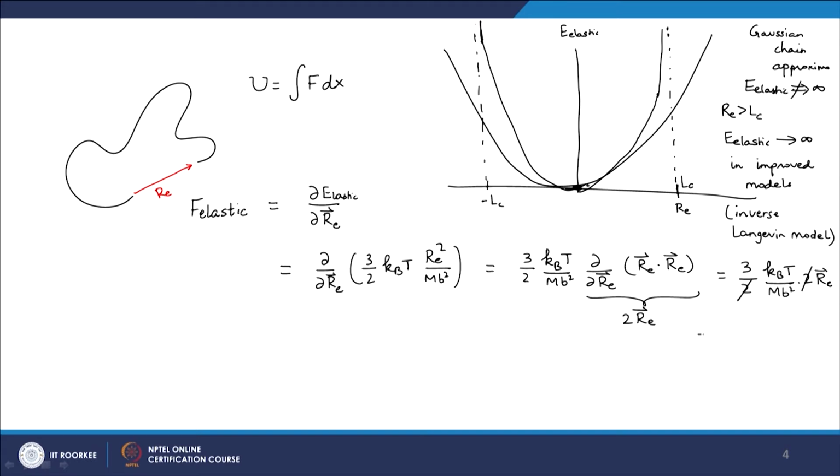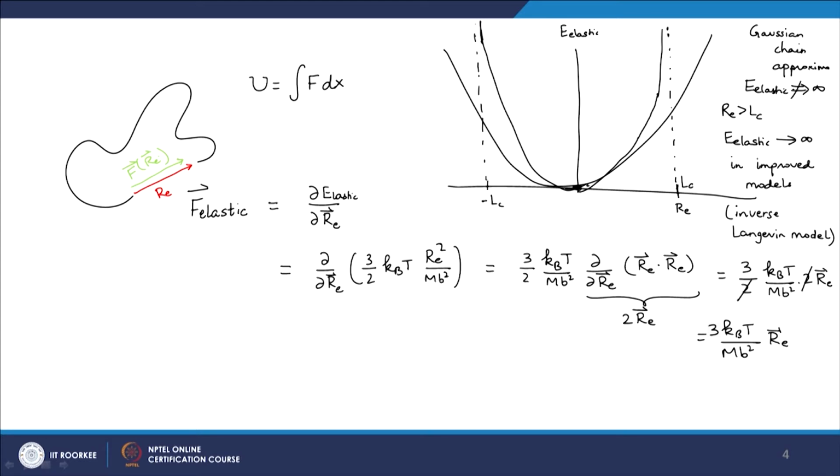So, we have 3 kBT by MB square RE, and that force of course has a direction. That force has the same direction as the end to end distance vector RE. So, in the same direction we have our force acting to hold the chain in its position.